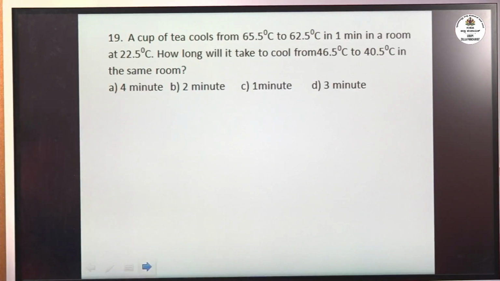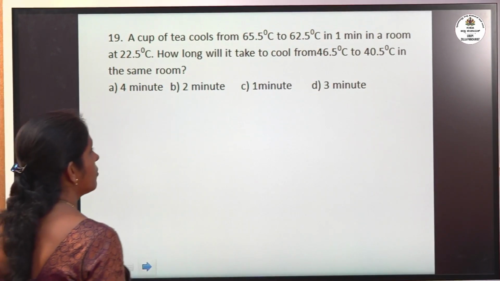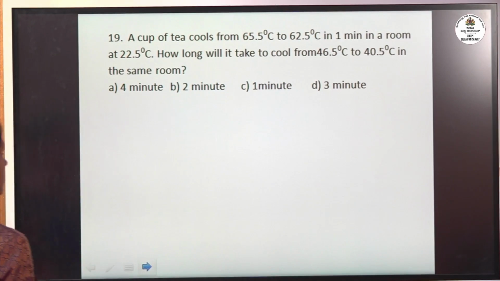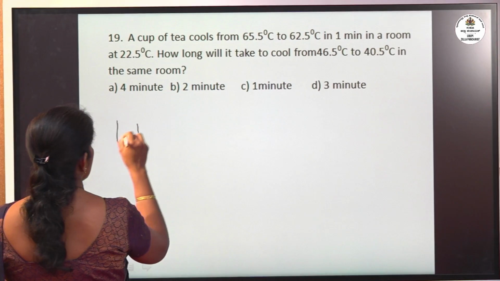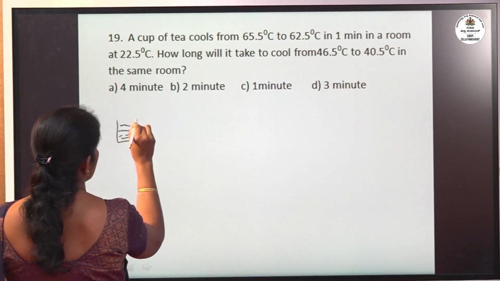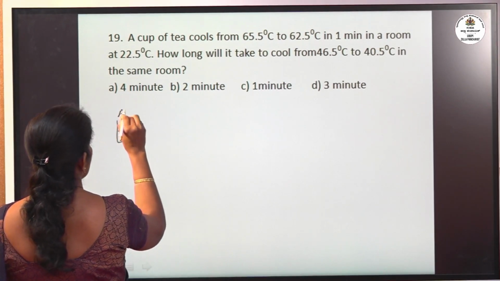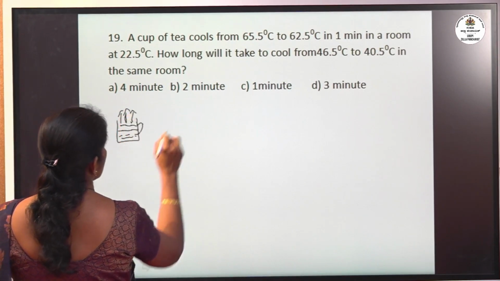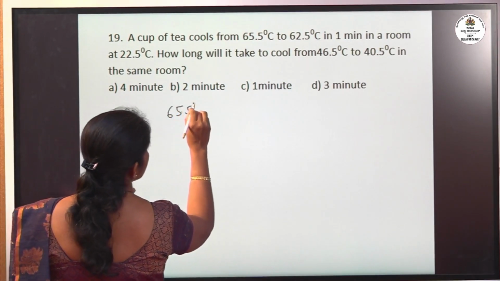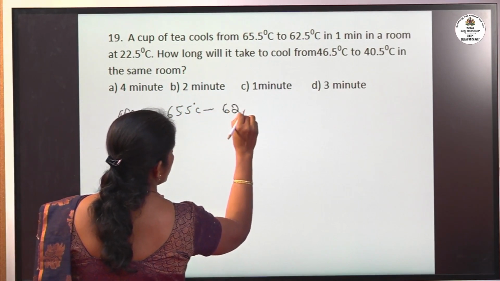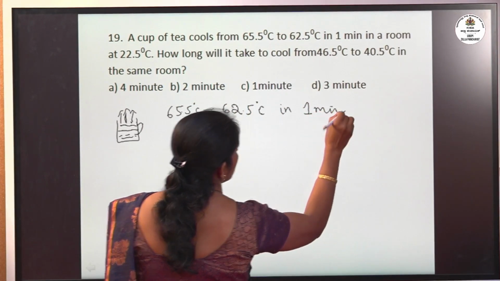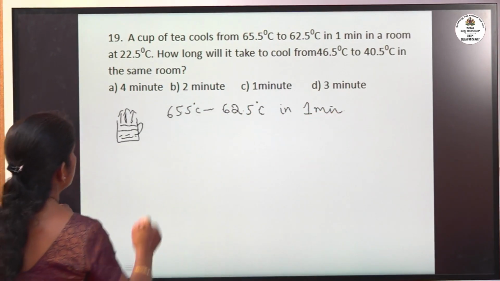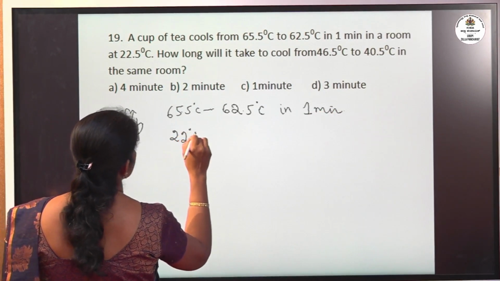A cup of tea cools from 65.5 degrees Celsius to 62.5 degrees Celsius in 1 minute, at room temperature 22 degrees Celsius.